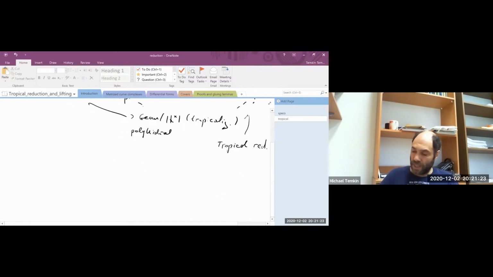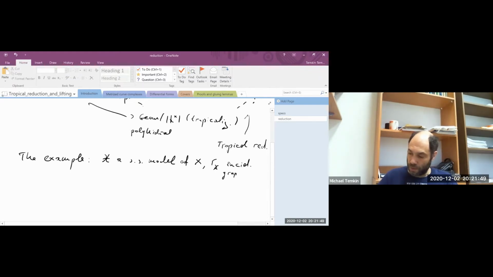And here is the example. If X is a K-analytic space that is smooth and assume it possesses a semi-stable model, then by Gamma_X we denote the incidence graph of the closed fiber.